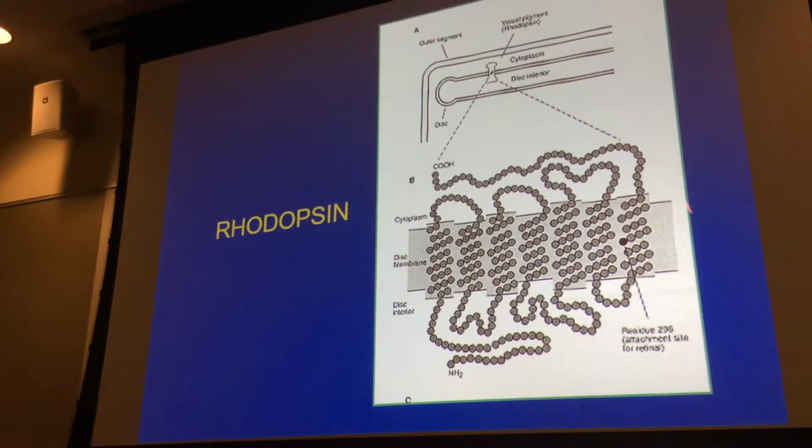So this protein was purified by classic biochemical protein purification techniques. A lot of work, a lot of years it took to do this. And when they purified this protein rhodopsin, they learned that it was a single subunit protein and that it contained 7 transmembrane segments.